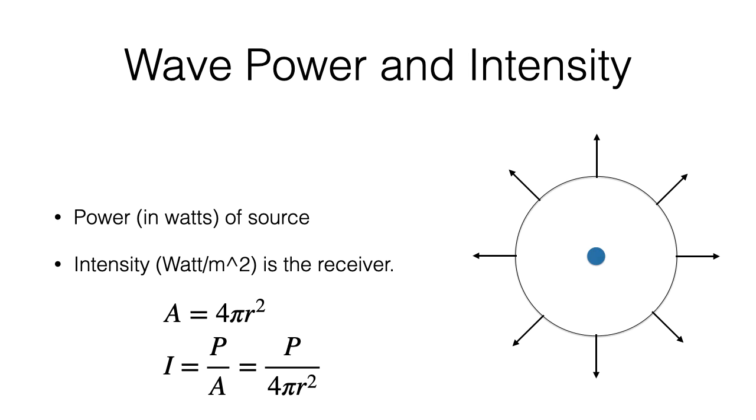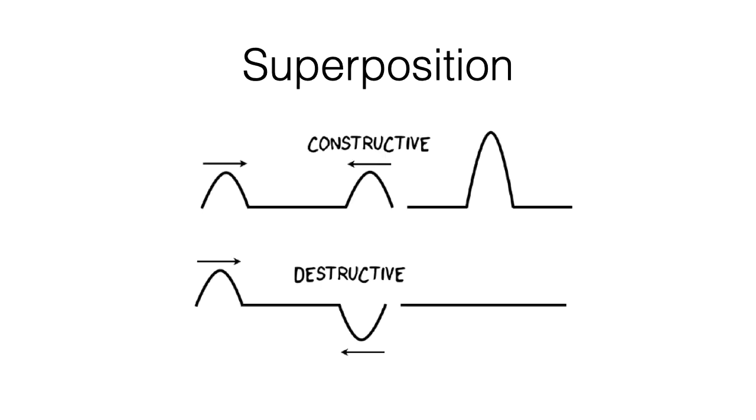So for an ideal point source, we measure the power per area as the intensity. As it moves further away, the area of that sphere, 4 pi r squared, gets larger. So in general, for a point source, the intensity I is the power of the source divided by the area, which would be 4 pi r squared.